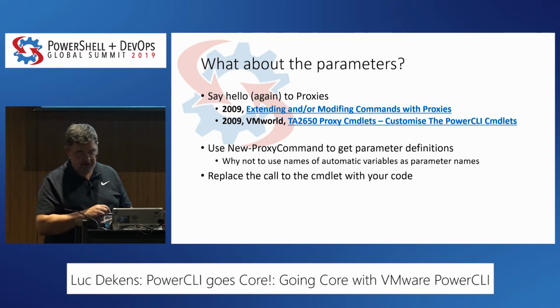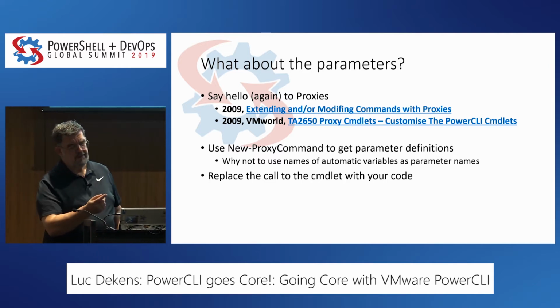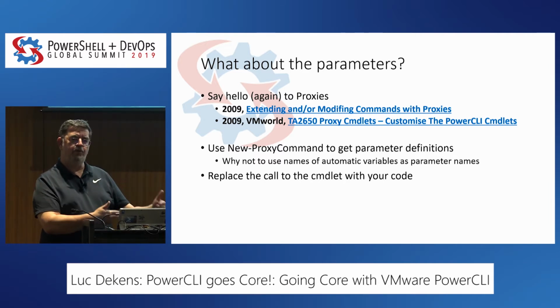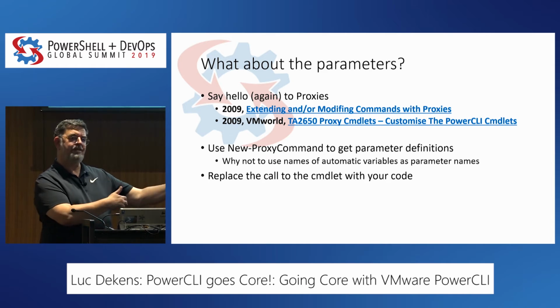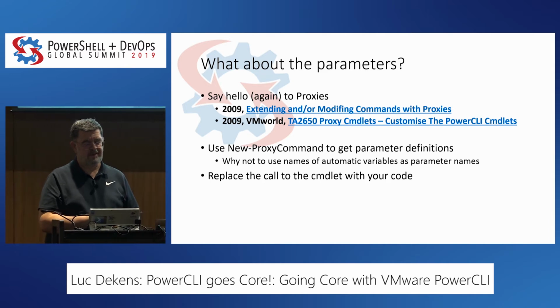What we did at that point is we expanded the Get-StatType commandlet to not only return the metrics, but also the instances that were available. So the concept is already quite old, but we can now use this to replace those commandlets that normally give you this pop-up. It's not supported in Core.